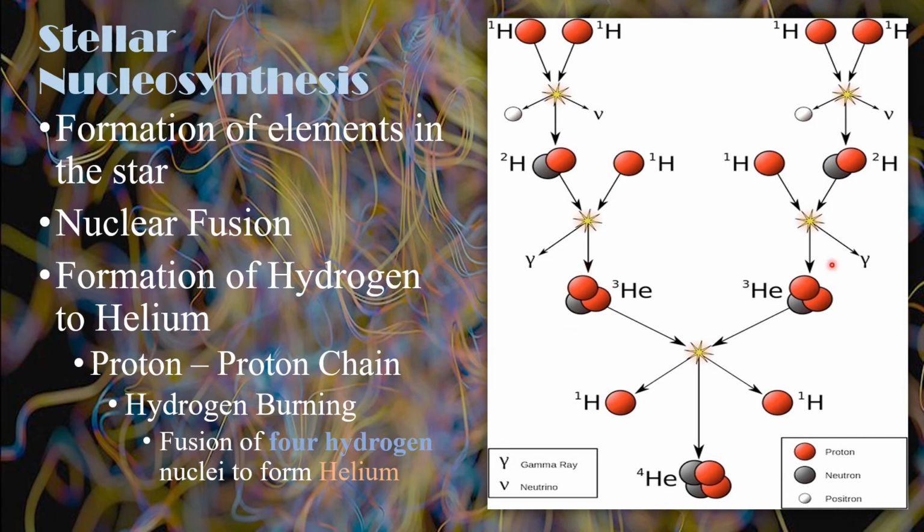So there is helium there, and from that, helium-3 and helium-3 are fused together to form what we call helium-4. There are 2 neutrons and 2 protons, so that is why they call it helium-4.